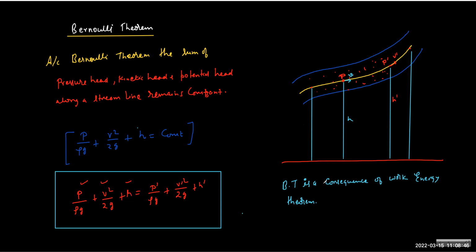Therefore in the work energy theorem, the work and the change in energy will always be equal because there is no loss, and this derives the formula on the left side. We just have to write the work energy theorem formula, and once you do it, you will come to know this is constant.